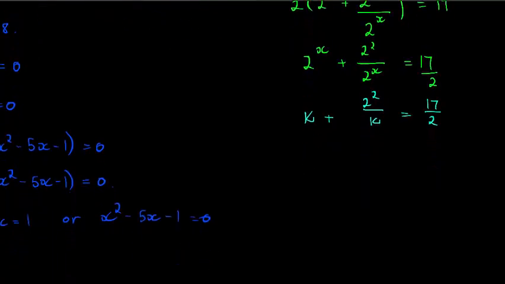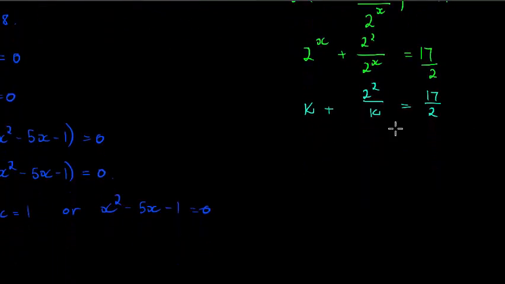And now I just go ahead and solve for k. What do I do when I have a fraction in an equation? I multiply with the denominator. So I get k squared plus, when I multiply this with k, it just becomes 2 squared is equal to 17 over 2k. Okay, and I probably want to deal with this 2 as well, so probably just multiply everything with 2 again.